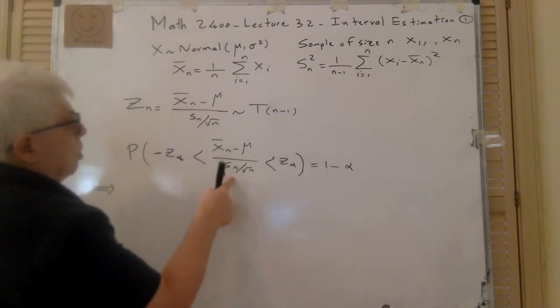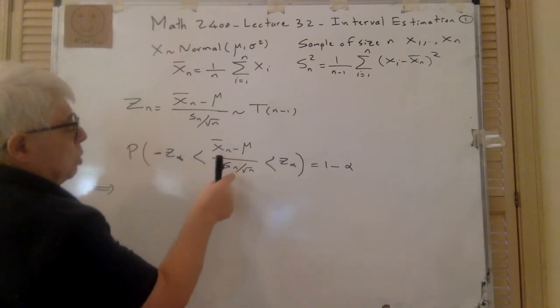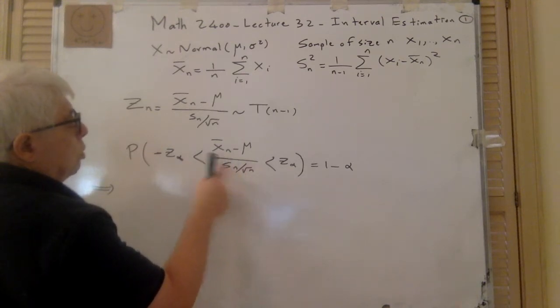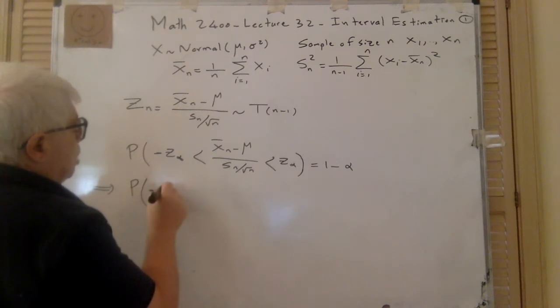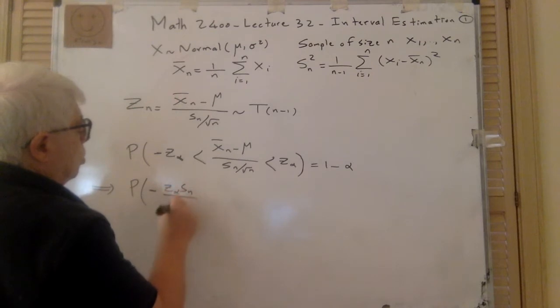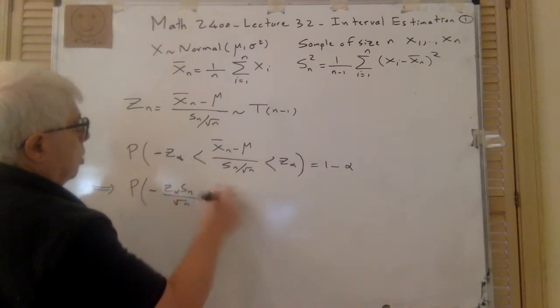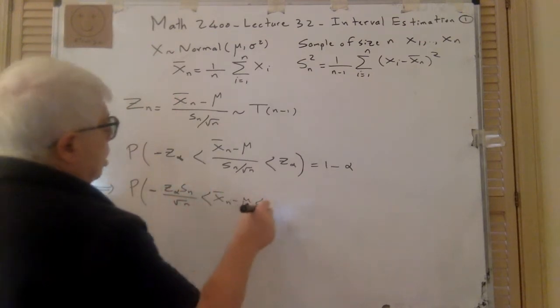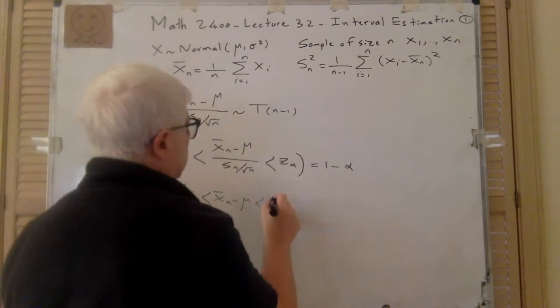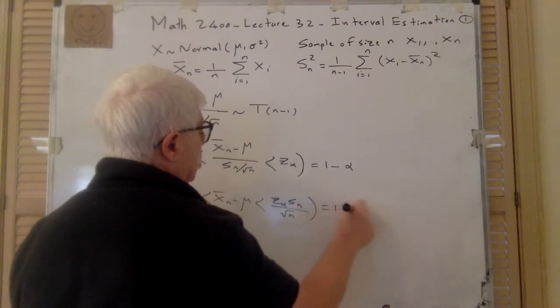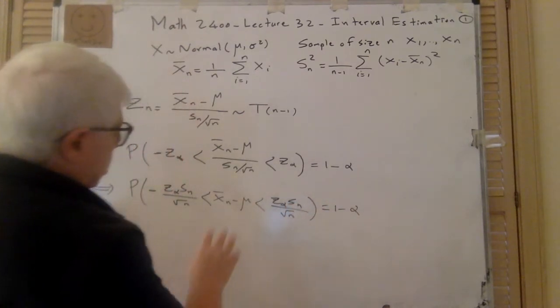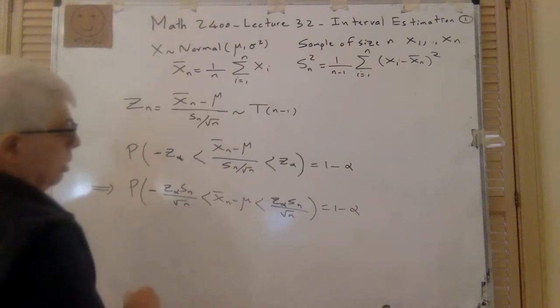If I multiply by Sn over square root of n, because Sn is not 0, I will get minus Z alpha Sn over square root of n less than x bar n minus mu, less than Z alpha Sn over square root of n, and this is again 1 minus alpha. So you see this is all the same.